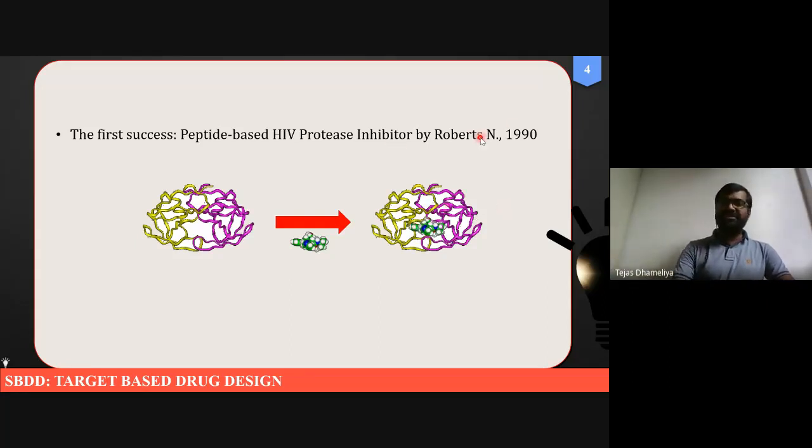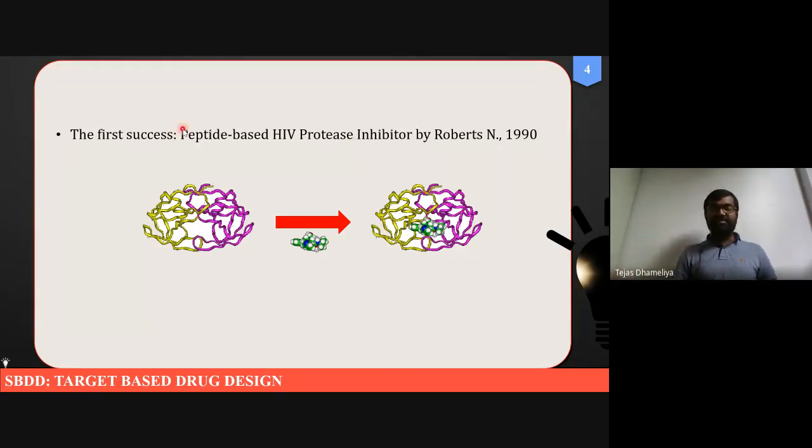One of the first successes was by Robert in the year 1919, who using target-based drug design of the protease enzyme could develop HIV, human immunodeficiency virus, protease inhibitors. It was a peptide drug.